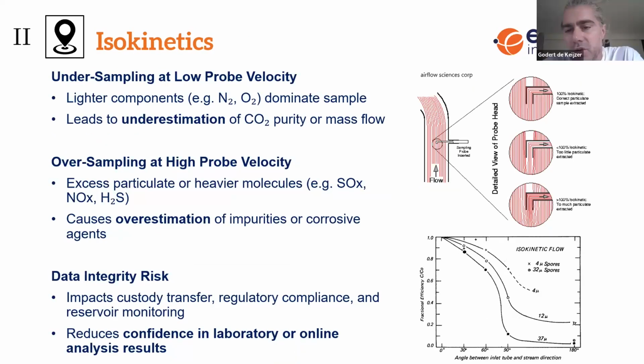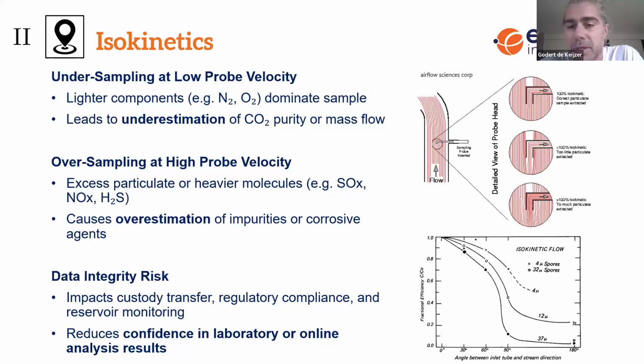And then we come to the actual design of the probes itself. It's important that to be isokinetically sampling, the extracted flow should be at the velocity of the flow inside the pipeline. If you are not doing that, then you can have two effects.